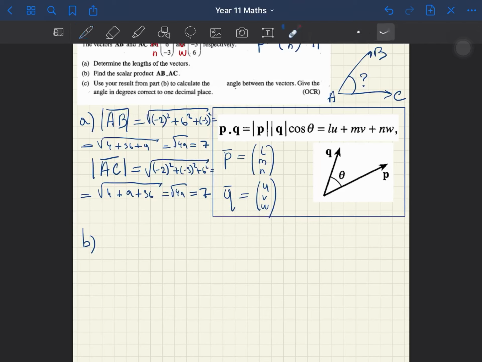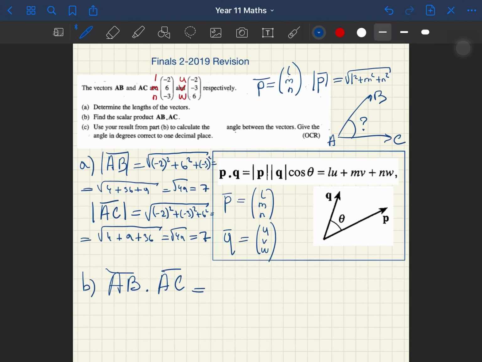So AB dot AC equals LU, so minus 2 times minus 2, plus MV, so that's 6 times minus 3, plus NW, so minus 3 times 6.